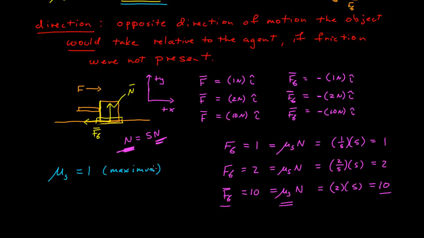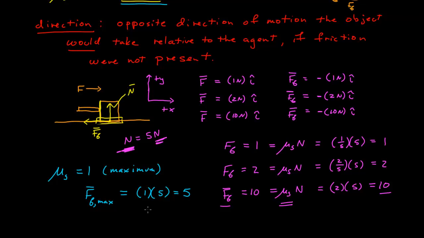In that case, then, the maximum frictional force that friction could provide was 1 times the normal force, which is 5, was equal to 5 newtons.